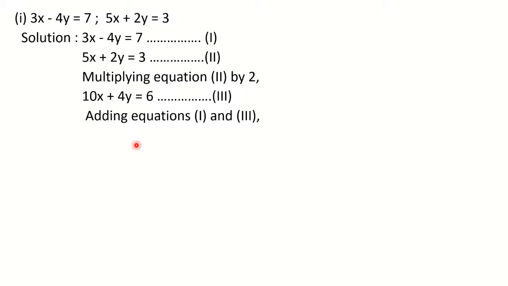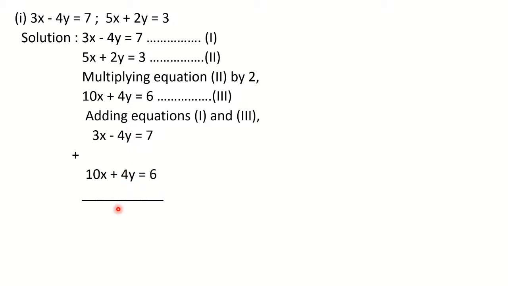Write down equation number 1 first, that is 3x minus 4y is equal to 7, plus equation number 3, that is 10x plus 4y is equal to 6. Let us add them now. See, minus 4y and plus 4y will get cancelled.